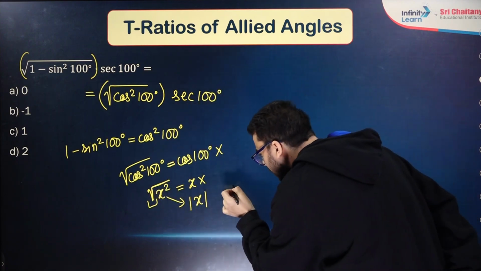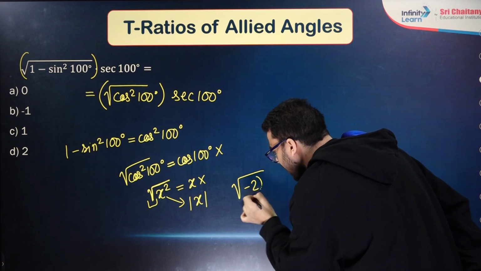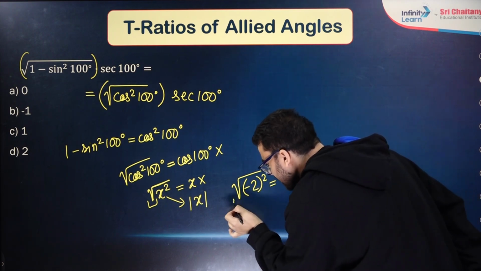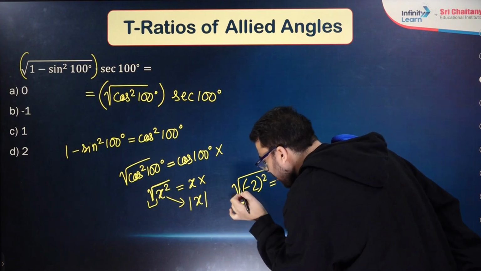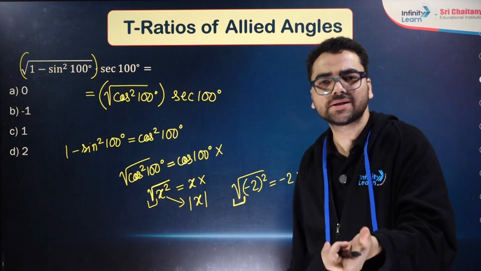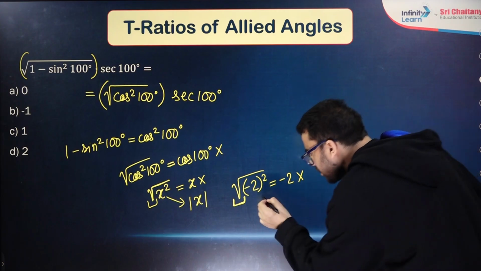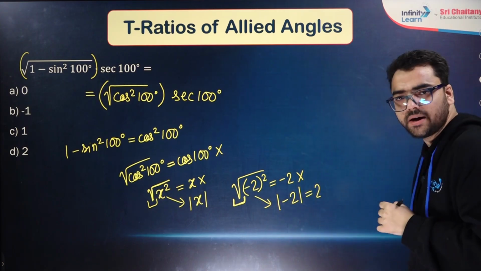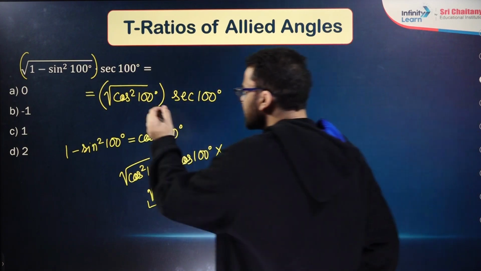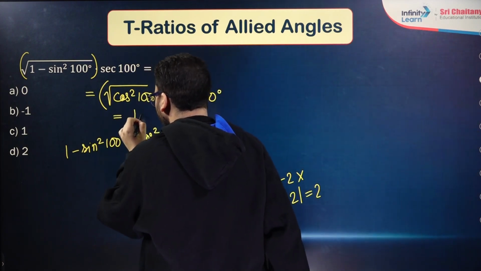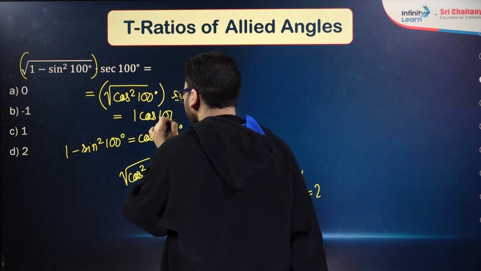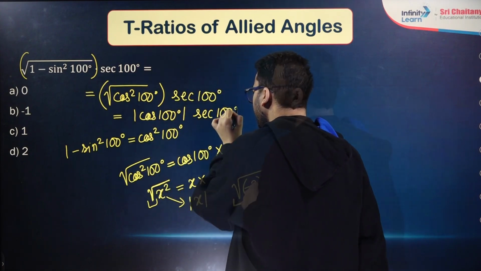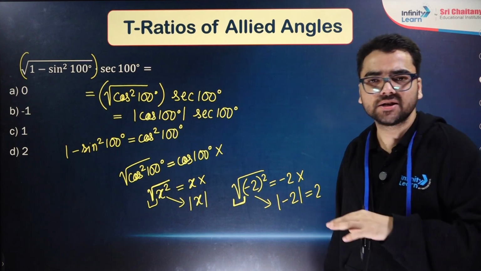So for example, if you have got square root of minus 2 square, you will say minus 2, that is wrong, because if you make this sign, they are talking about positive square root called principal square root. So therefore you have to take modulus of minus 2, and you know that is equal to 2 only, right? So therefore over here as well, it will open up like this: modulus of cos 100 multiplied by sec 100. Right? Now you have to decide whether cos 100 is positive or negative.